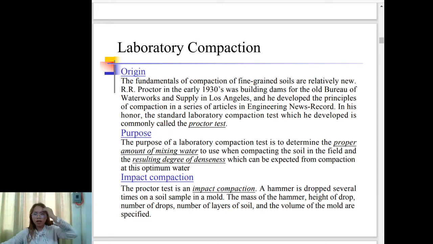If only we were face-to-face, you could experience this Proctor compaction test in our engineering laboratory here.